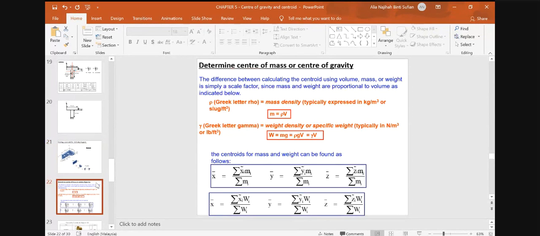Now, before we solve an example for that, let's see how to determine the center of mass or center of gravity. The difference between calculating the centroid using volume, mass, or weight is simply a scale factor. Yeah? Since mass and weight are proportional to volume, as indicated below.